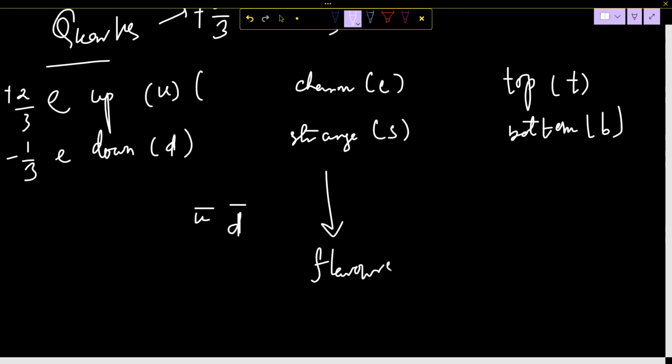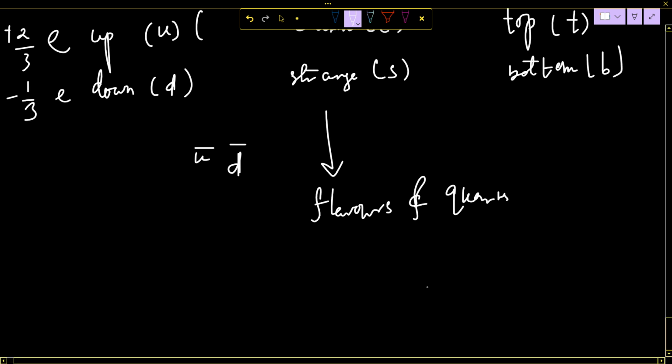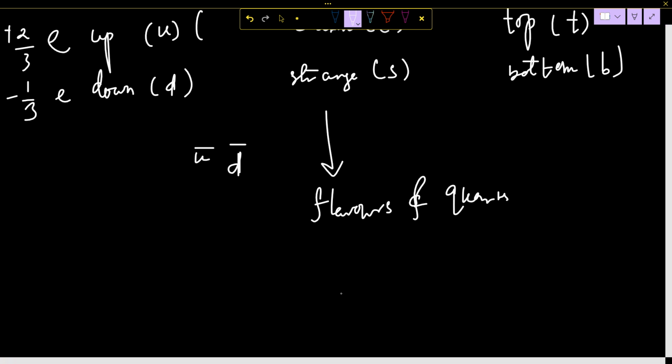There's another thing called color of quarks. The study of color of quarks is called quantum chromodynamics. The quantity flavor is actually the charge experienced by the weak interactions. We'll see that a strong interaction has the effect of changing the color of a quark. The colors of quarks are red, green, and blue.